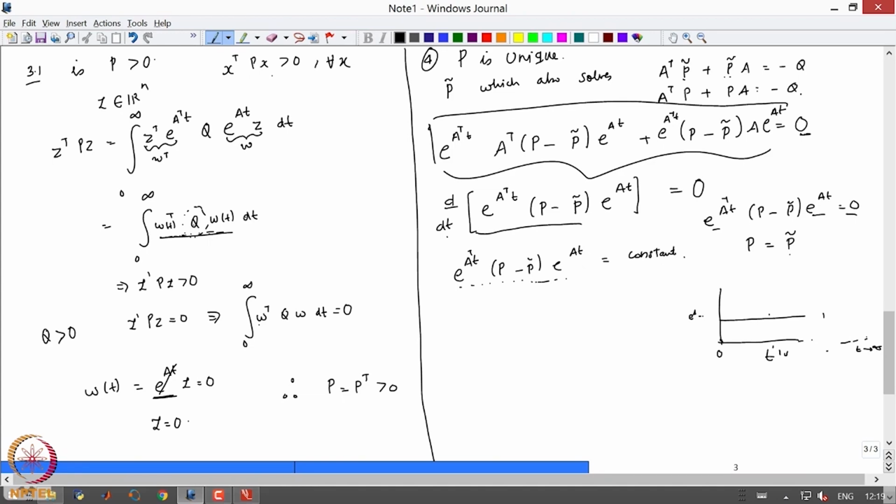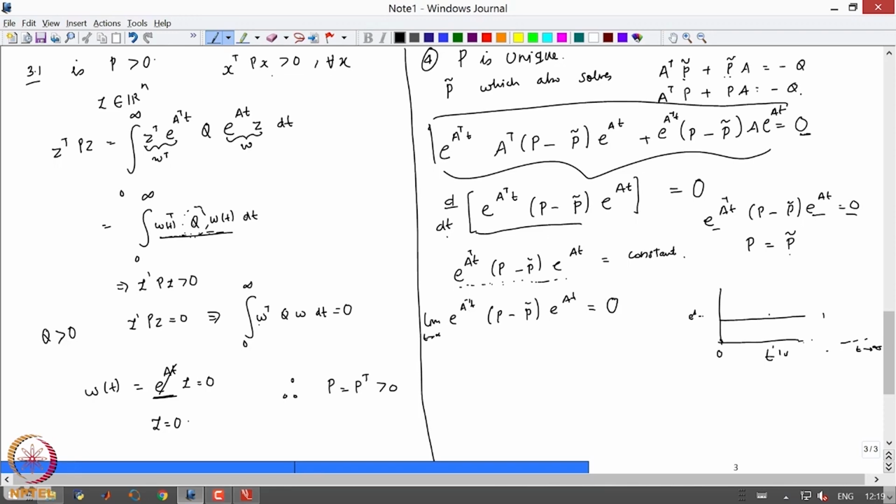So if this holds at infinity, what happens to this quantity at infinity? e power A transpose t (P minus P tilde) e power A t. What is the value of this as t goes to infinity? Because A is exponentially stable, that is what I have been exploiting all the while, this will be 0, because at infinity I know it is 0.